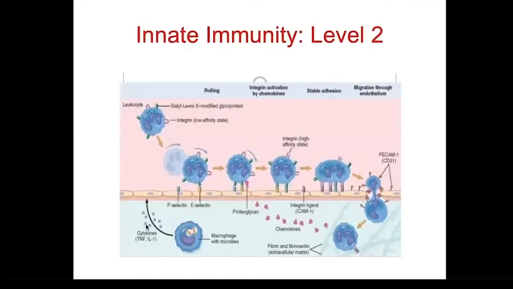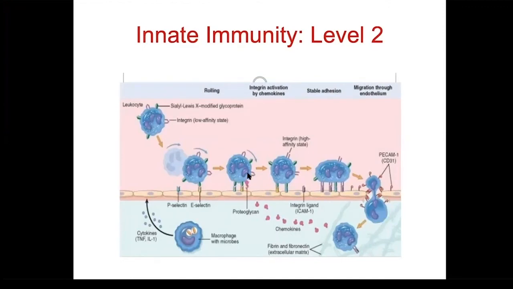In this illustration, you've got a leukocyte here. Let's say this is a neutrophil. These green structures are CAMs. This is the endothelium. So these endothelial cells are expressing CAMs as well. When the leukocyte or the neutrophil CAM comes in contact with an endothelial CAM, they bind.